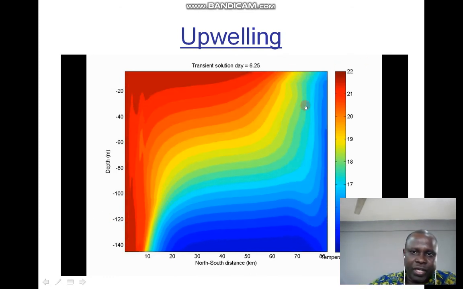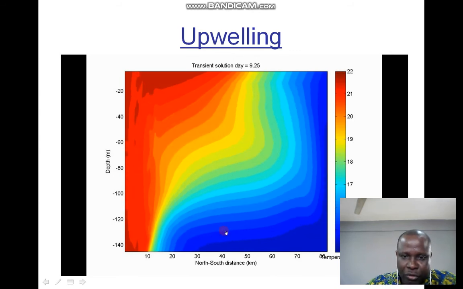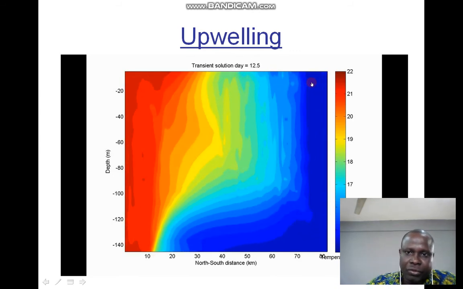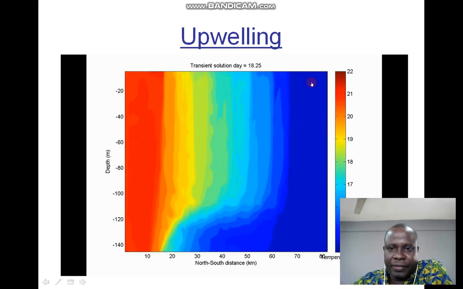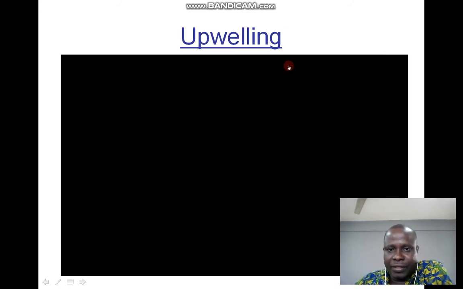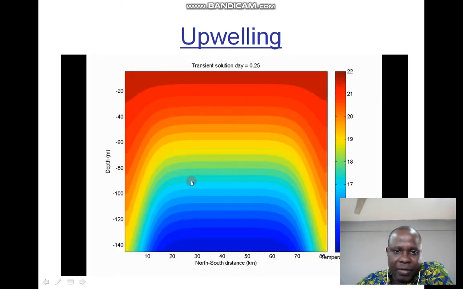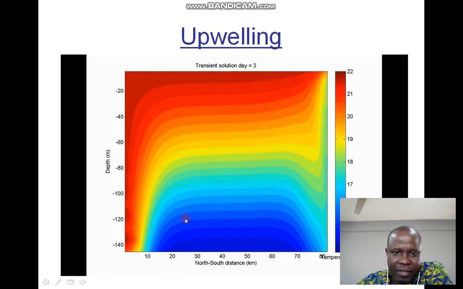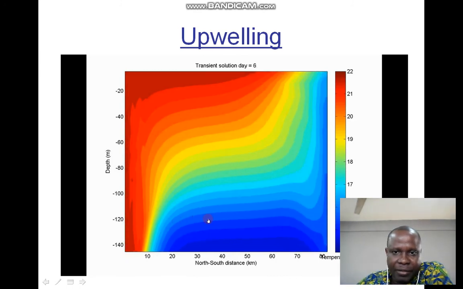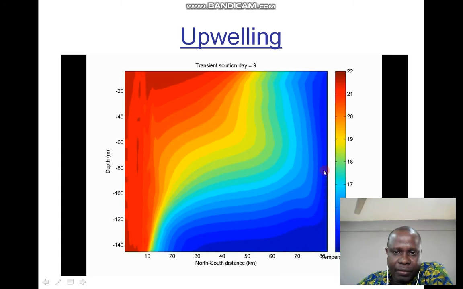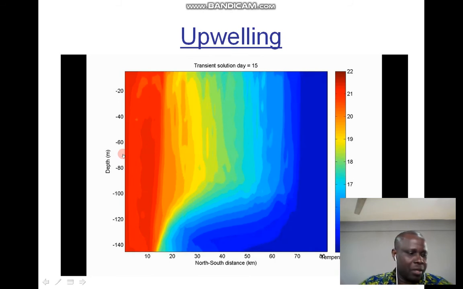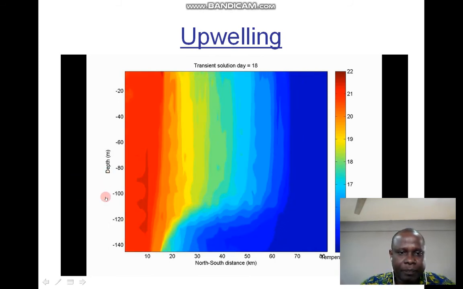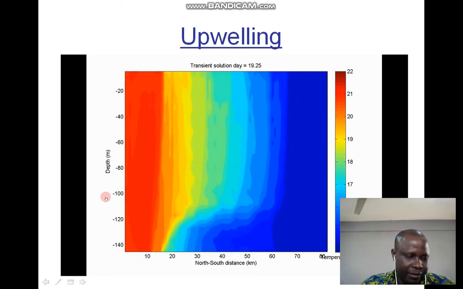Because the wind is blowing, the heavier fluid below begins to move up and begins to so-called upwell. Again, this is just a simple test case to help you know that you have set up your model correctly. Initially everything is uniform, and then once the wind is blowing, the fluid below begins to move upward, or upwell. So that is the upwelling case.